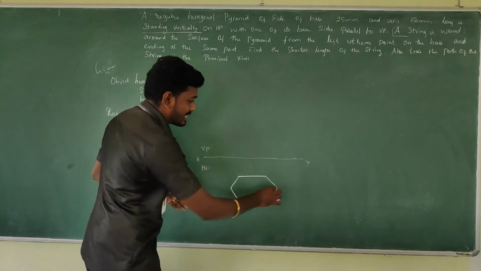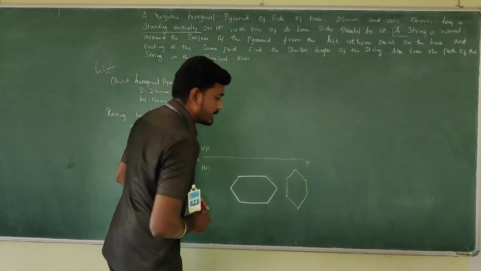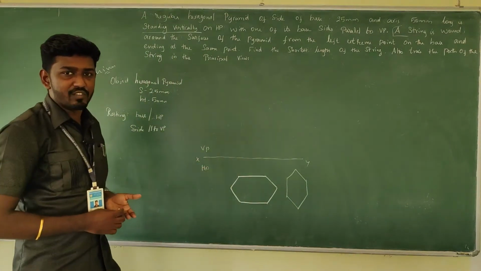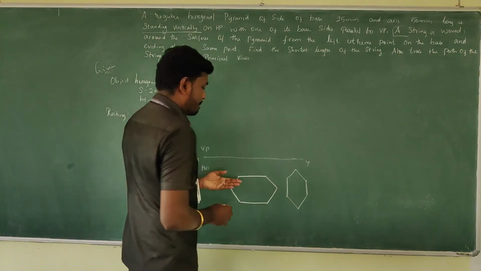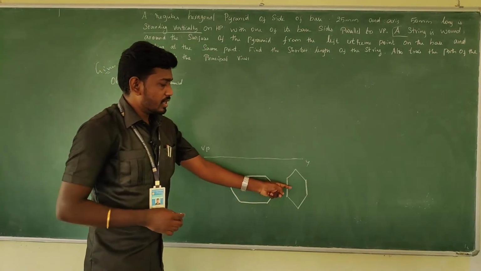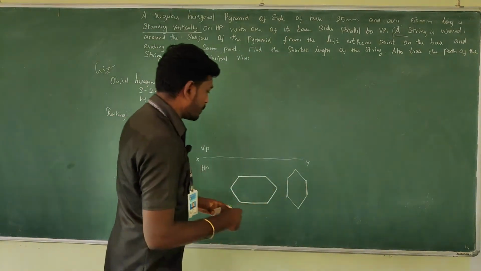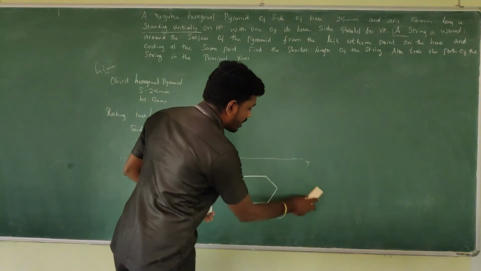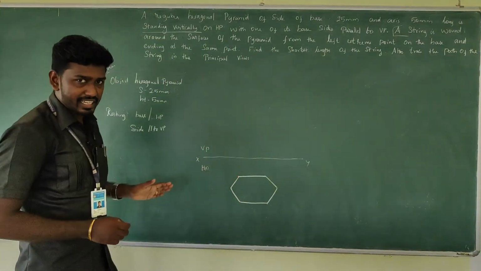If I form the hexagon something like this, then your answer will be wrong, because here no edges are parallel to VP; two of the edges are perpendicular to VP. So if you position it like this, it would be wrong. You need to form the hexagon using the circular method.